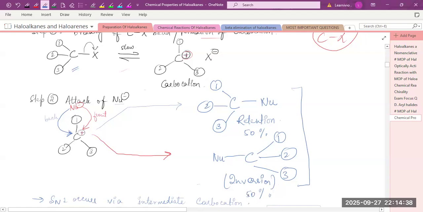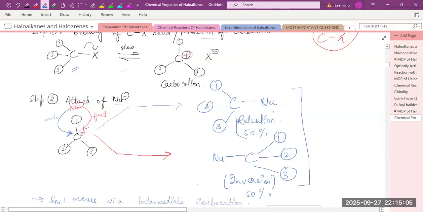What is the retention product? When the orientation of the product is the same as that of the substrate reactant. So this was the substrate, you can check 1, 2, 3, and on the right side there's a nucleophile. So yes, it's the same. So this is the retention product.